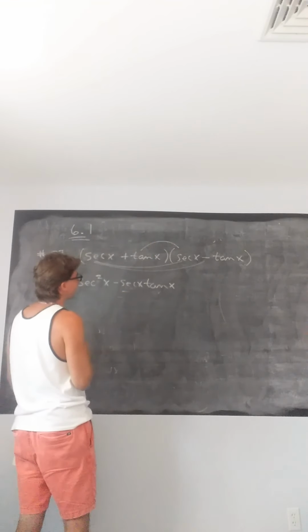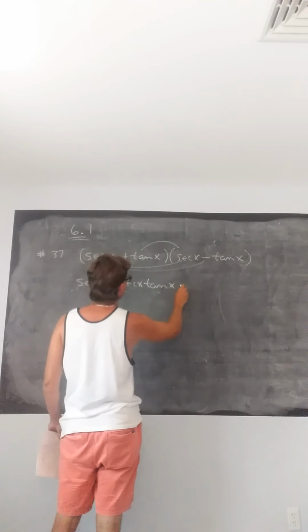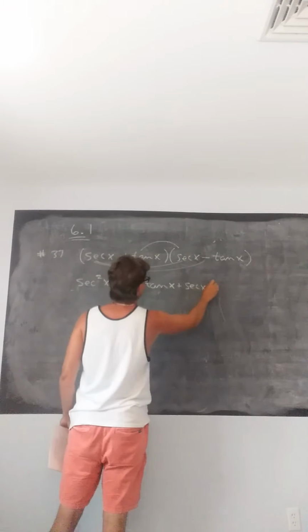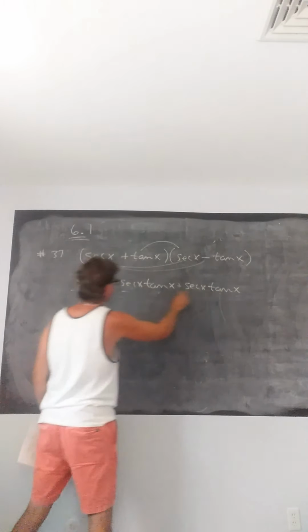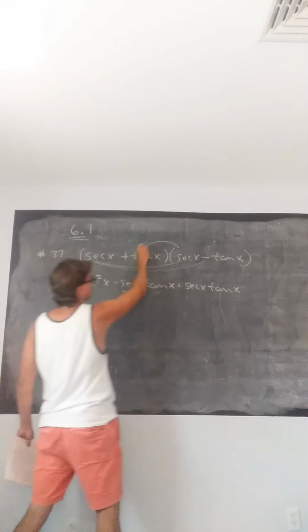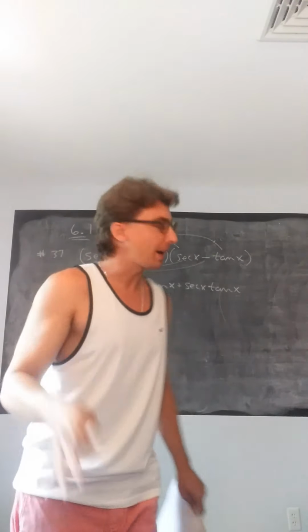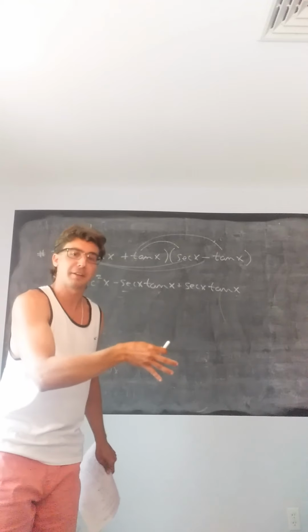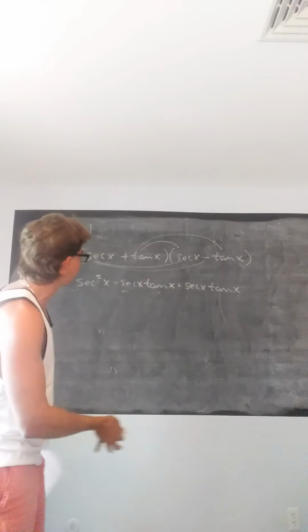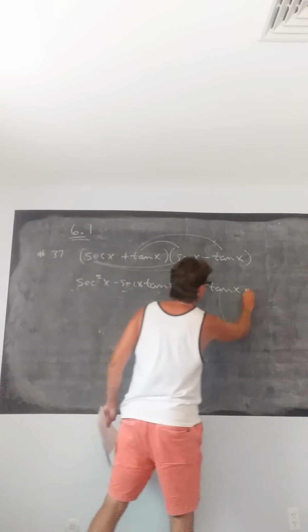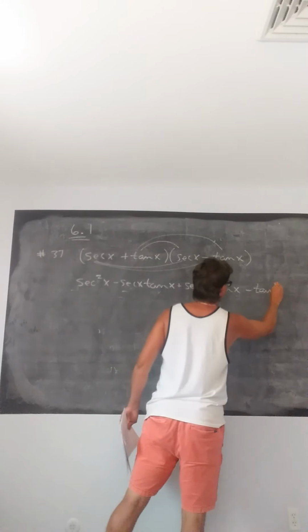And tangent of x times secant x is going to be another one, plus secant x tan x, in the same order we have here. Just like in algebra, xy is the same as yx, secant x tangent x is the same thing as tangent x secant x. And then tangent x times negative tangent x is minus tangent squared x.